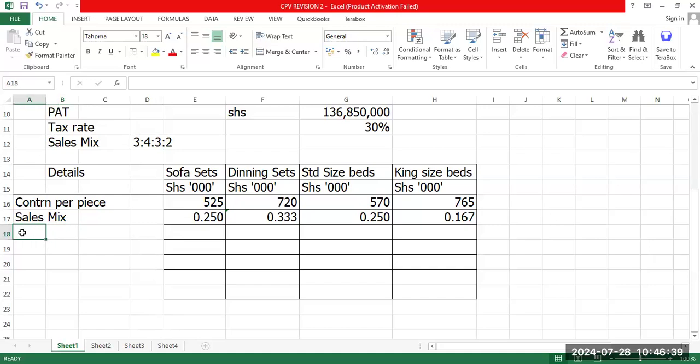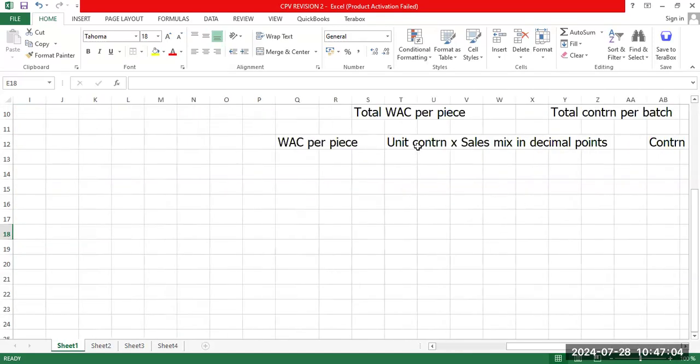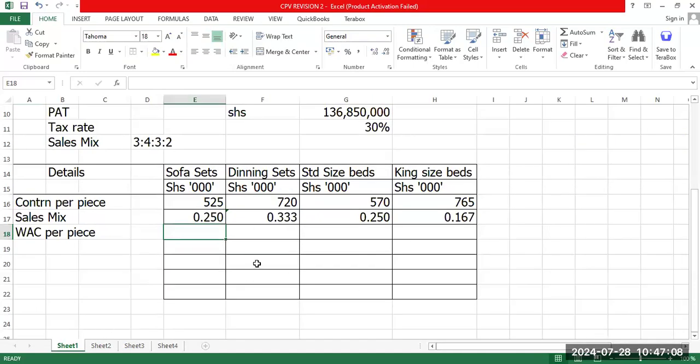Okay, then from there I can get my weighted average contribution per piece. Here it is not per batch, I'm putting per piece. So it will be equal to what? We said it is unit contribution times the sales mix in decimal points.